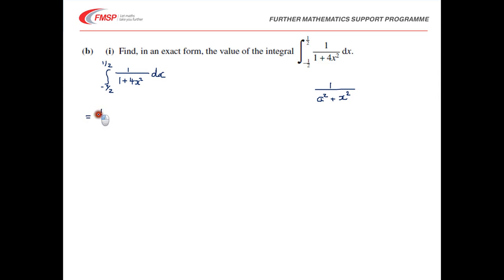So if I take out a factor of a quarter, that's dividing the bottom of my fraction by 4, and that gives me a quarter plus x squared, which is now in the correct form. I've got a squared is a quarter, and that means that a is a half, and 1 over a is 2.